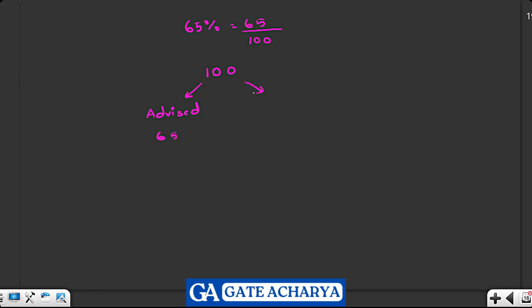How many were not advised? That they didn't get this advice. So 100 minus 65 works out to be 35. So 35 didn't get the advice. Okay, now what other data they are saying is, out of these 100 people, 3 out of 10. 3 out of 10 means out of 100 it is going to be 30. 30 people attempted to stop.